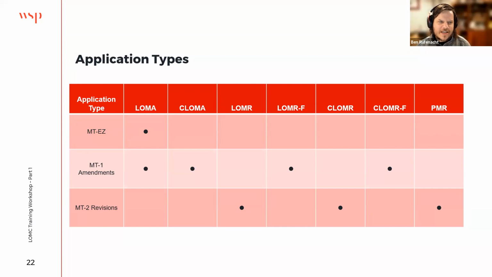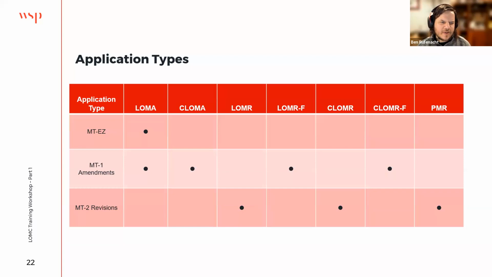There's also an MT Easy, which is for licensed professionals only, where you can go online and fill out a quick form. This is for LOMAs only. If you're a licensed surveyor or engineer, you can make an elevation determination and submit this very quick LOMA.